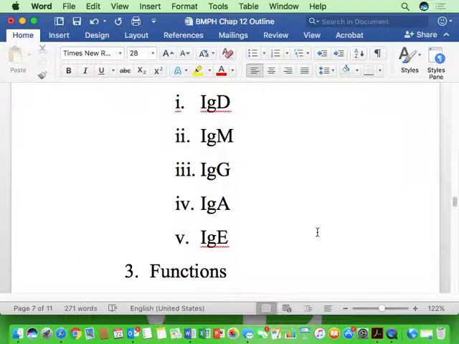All right, so what exactly do these antibodies do? I mean, we talked about with IgE that it causes inflammation, it triggers inflammation, but what exactly are they doing? So when an antibody binds to an antigen, we call this an antigen-antibody complex.